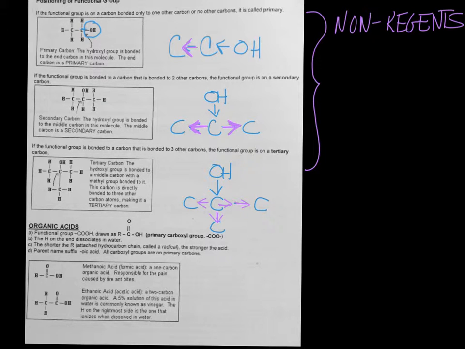As you can see in that picture. And I didn't draw the rest of the H's in. I'm just showing you as quickly as I can the difference between the primary, secondary, and tertiary alcohols.